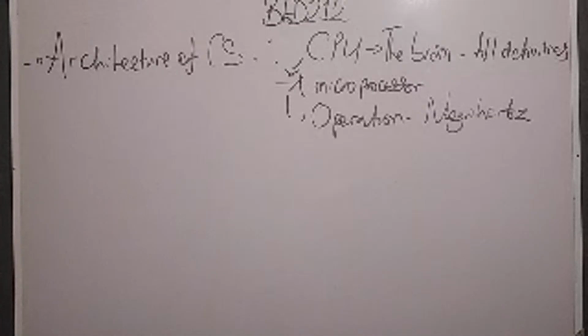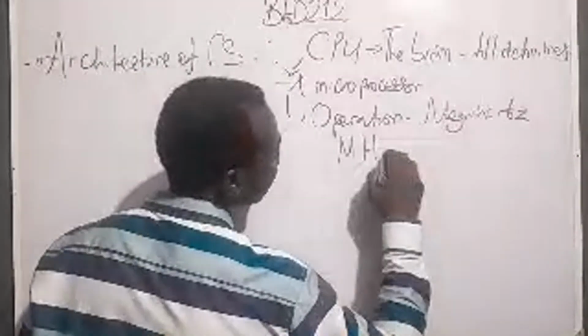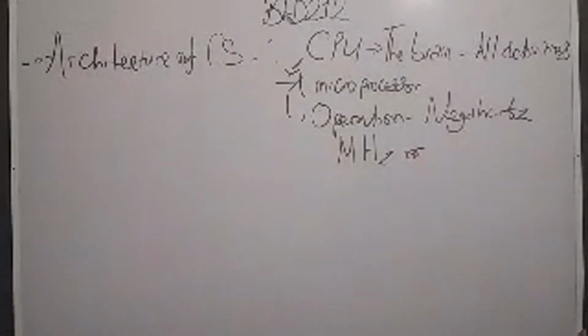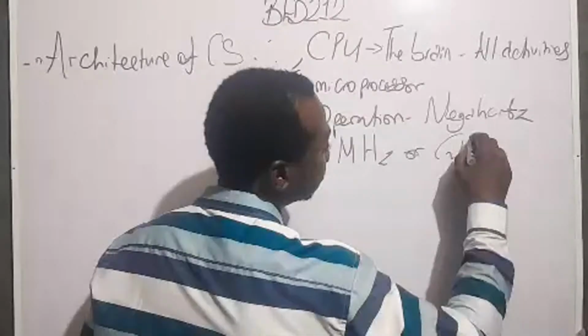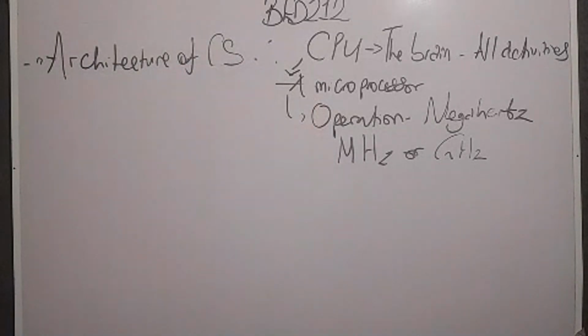So you want to take note of that, which is also represented by MHz or GHz. So we have that. Please let's take note of all those points. Very, very important.